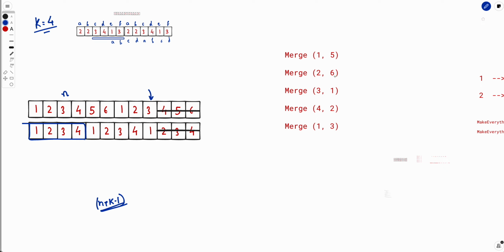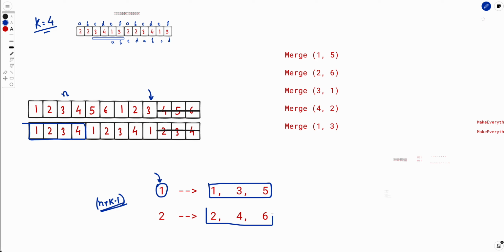It will group, right? So if you see, these will be your groupings. The leader can be anything between 1, 3, and 5, so I just assume it to be 1. So there will be one group which has three elements, 1, 3, and 5, and there will be one group which has three elements, 2, 4, and 6.